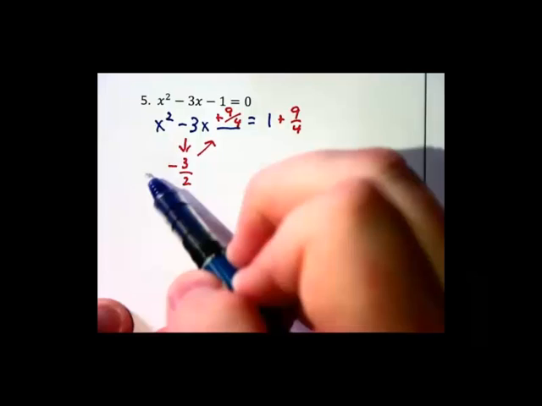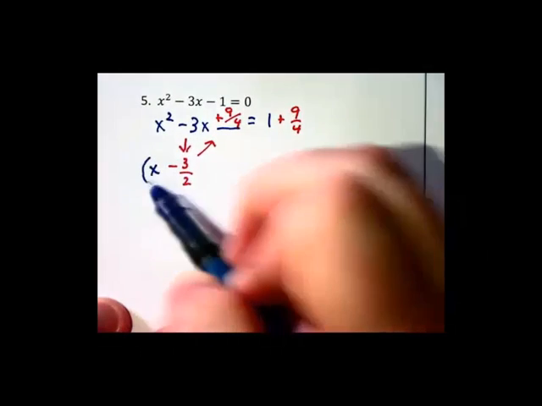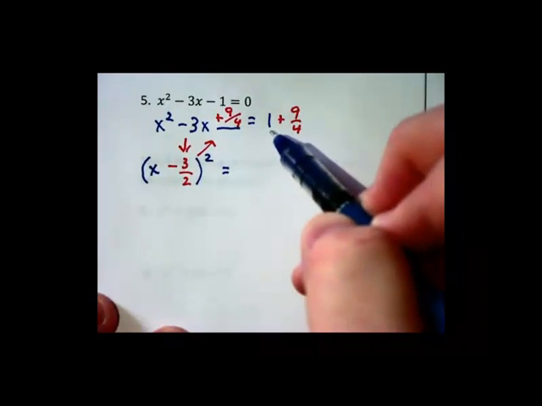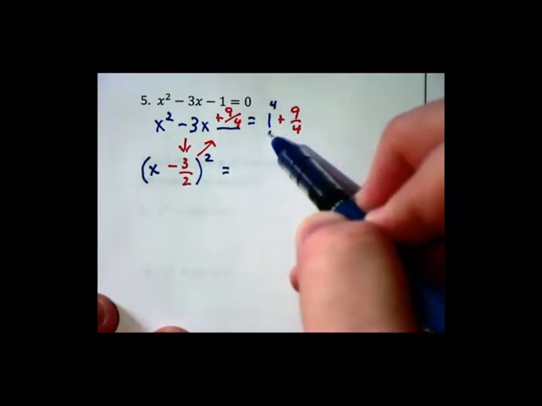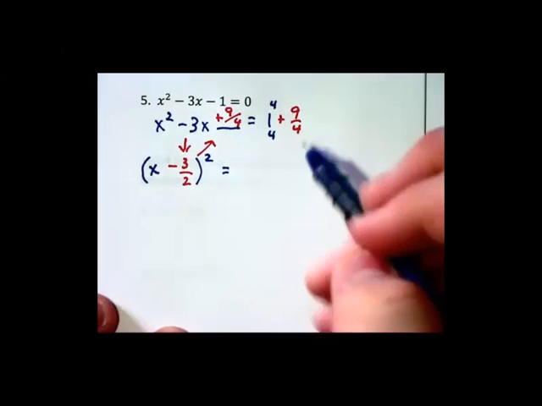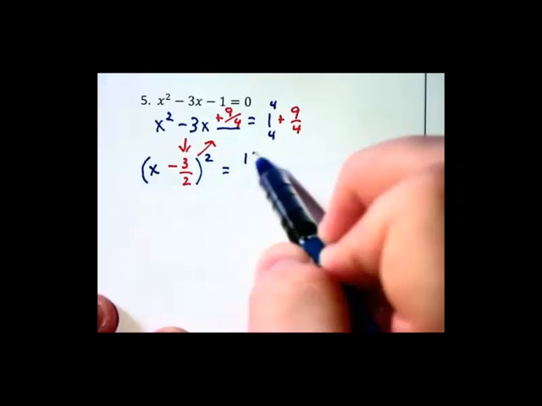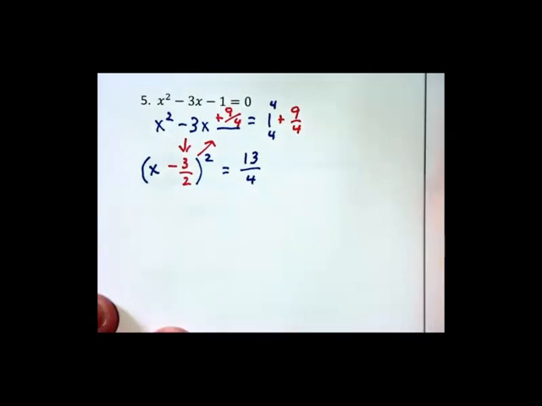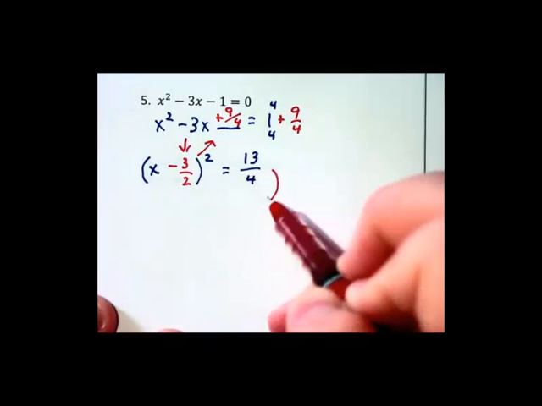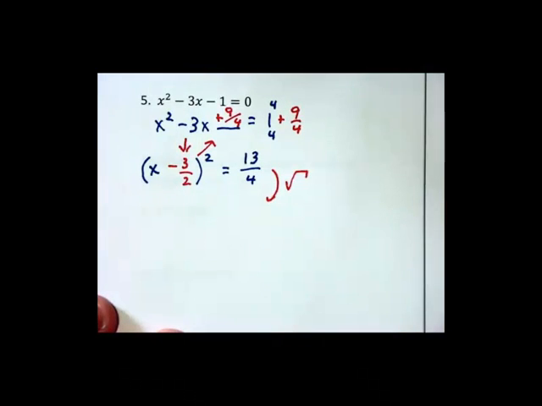Now it's time to complete the square by putting in the variable, the parentheses, and the exponent. On the right, that 1 I'm going to think of as 4 over 4 because I need a common denominator with the 4 over there to add the fractions, and that gives us 13 over 4. We have a quantity squared which needs to be rooted, so we're going to square root each side of the equation.